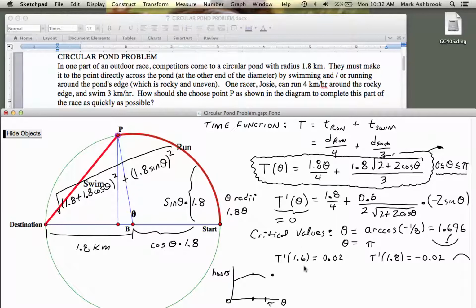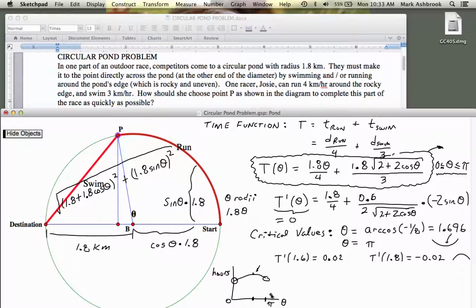So based on the math we've done so far, this is what we can conclude: that we have a local maximum at this critical value. And if it's the only critical value, then it's heading up that whole way and then heading down in this domain from 0 to pi. So if we're looking for the shortest, then the least amount of time must be at one of these endpoints, not at the critical value.